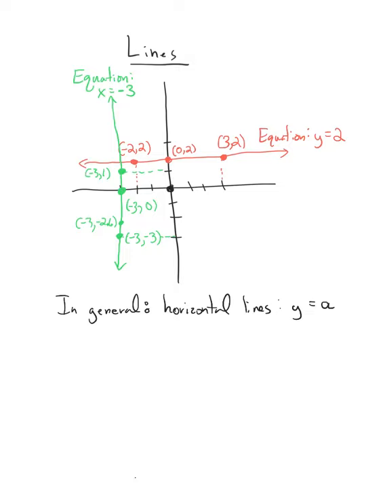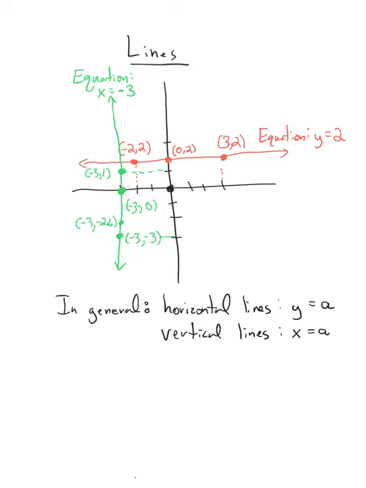And again, there's nothing special about the number -3. This will work for any number that you like. So for vertical lines, the equation is x equals a for whatever number a that you like. So that's how to come up with equations for vertical lines.